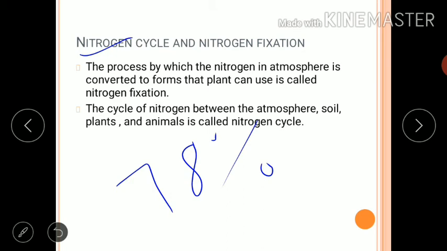The process by which the nitrogen in the atmosphere is converted to forms that plants can use is called nitrogen fixation. And the cycle of nitrogen between the atmosphere, soil, plants and animals is called the nitrogen cycle.